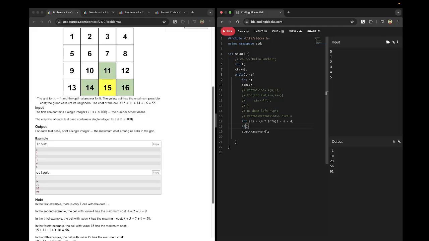And for 2, I'll pick this one. So 2, 5, and 6. No, 2, 1, 2, 3, and 4. So 2 and 3 and 4, that is 9.